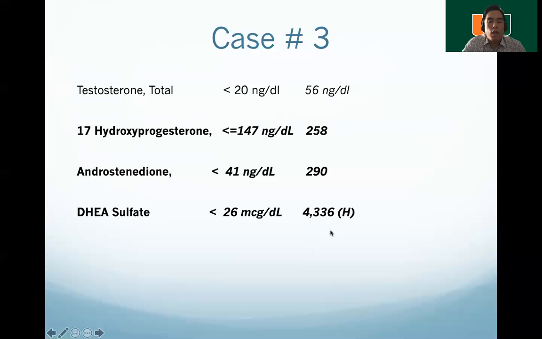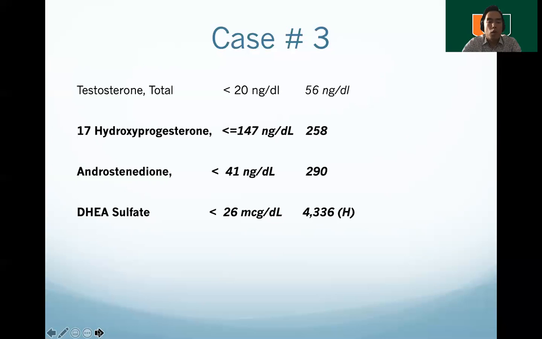Unlike this case, where DHEAS is very, very elevated with very early onset. So this is a classic example of an adrenal tumor causing precocious puberty.